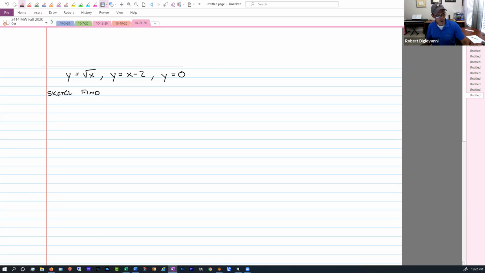I want you to sketch, and then find the area of the region bounded by these curves, whatever. Sometimes we call lines curves, all right? Even though they're not curved, we still refer to them as curves sometimes.